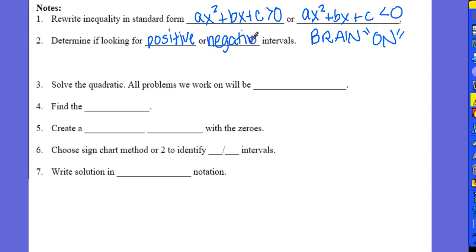So you have to think about what that means. Does that say Brian or Bren? That says brain. Woo, I'm getting old and sometimes I forget.